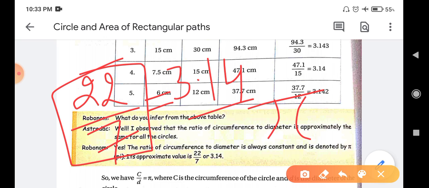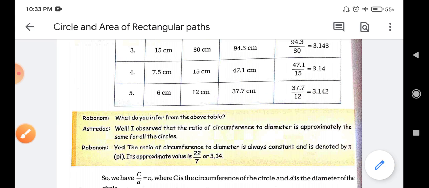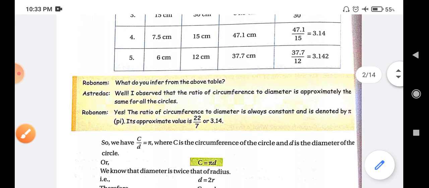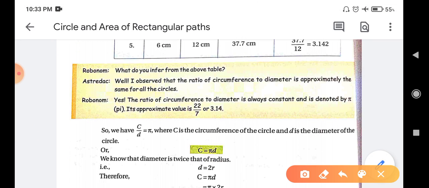We mostly take the value of pi up to 2 decimal places only, that is 3.14. We can take any value, 22/7 or 3.14, it is the same. So this is pi, and we can say that C over D is equal to pi.